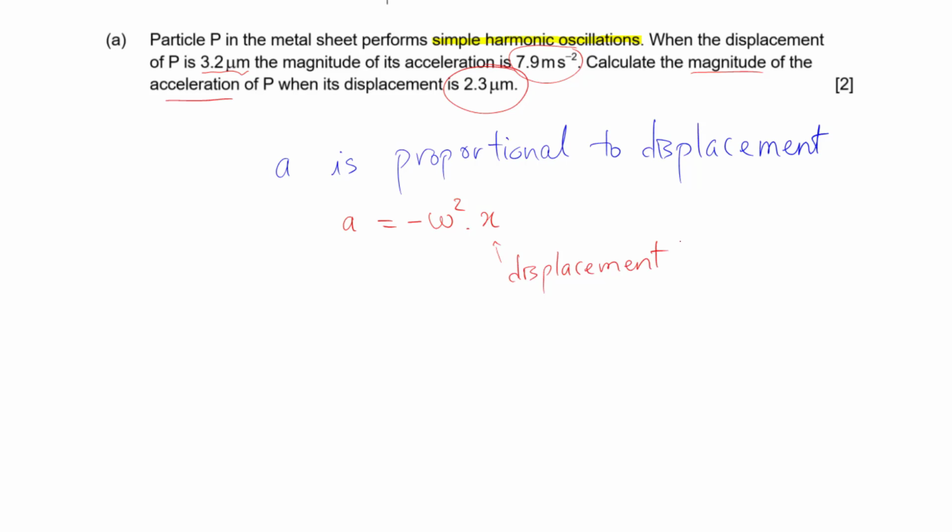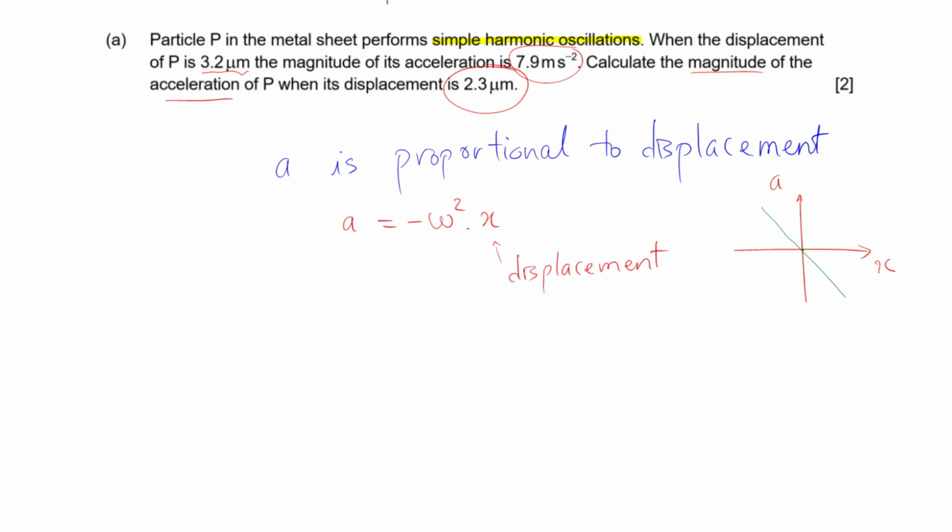And the graph, just to note so that you remember this equation and this relationship: if we plot the graph of displacement x on the horizontal axis and acceleration on the vertical axis, then the graph is a line passing through the origin and with a negative gradient like that.